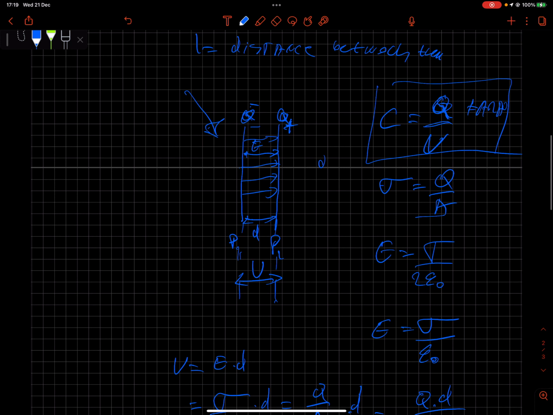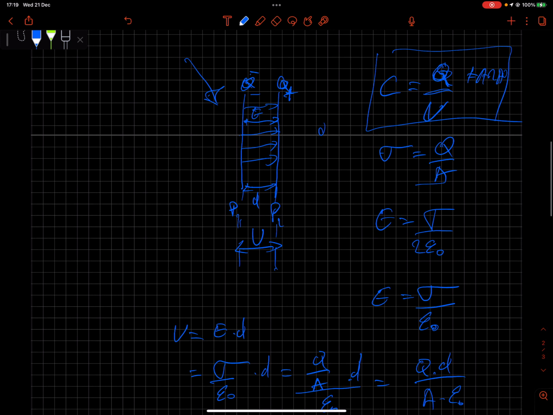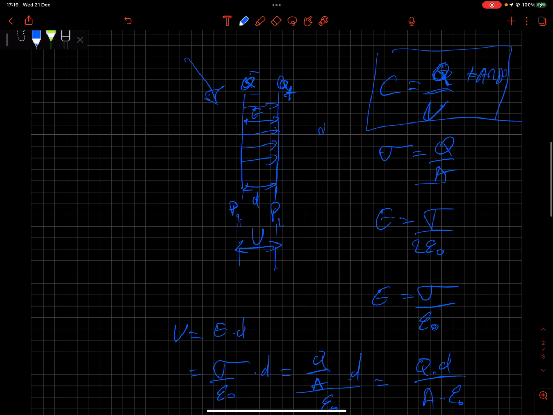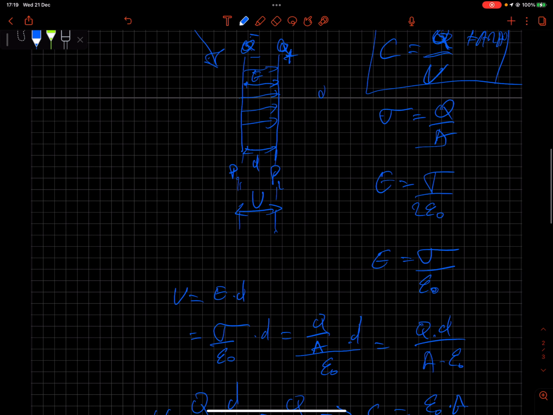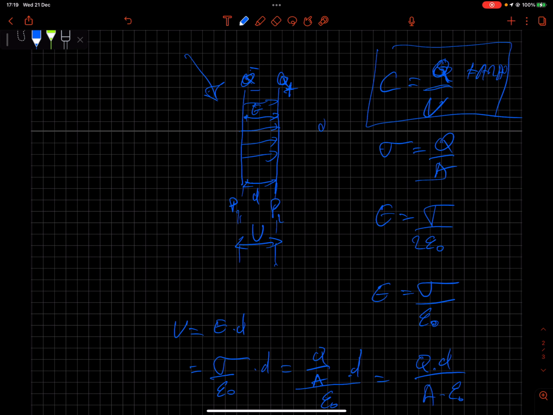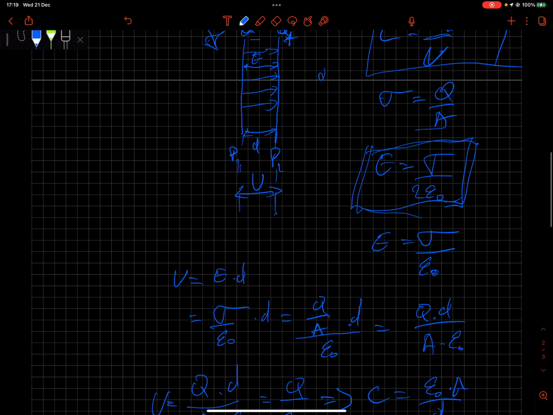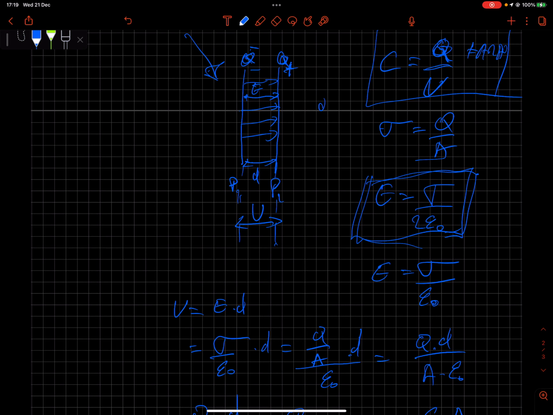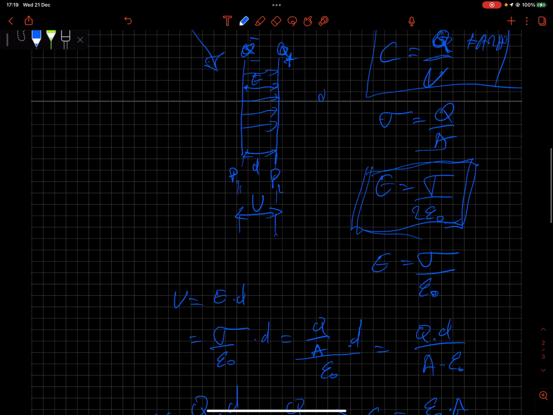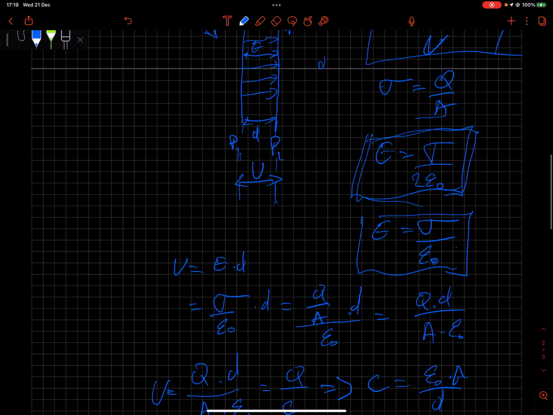So let's see what the voltage between the plates is. First, we know that for a single big plate, the electric field is given by this formula. And in this situation, the electric field between the plates inside the capacitor is given by this formula here.